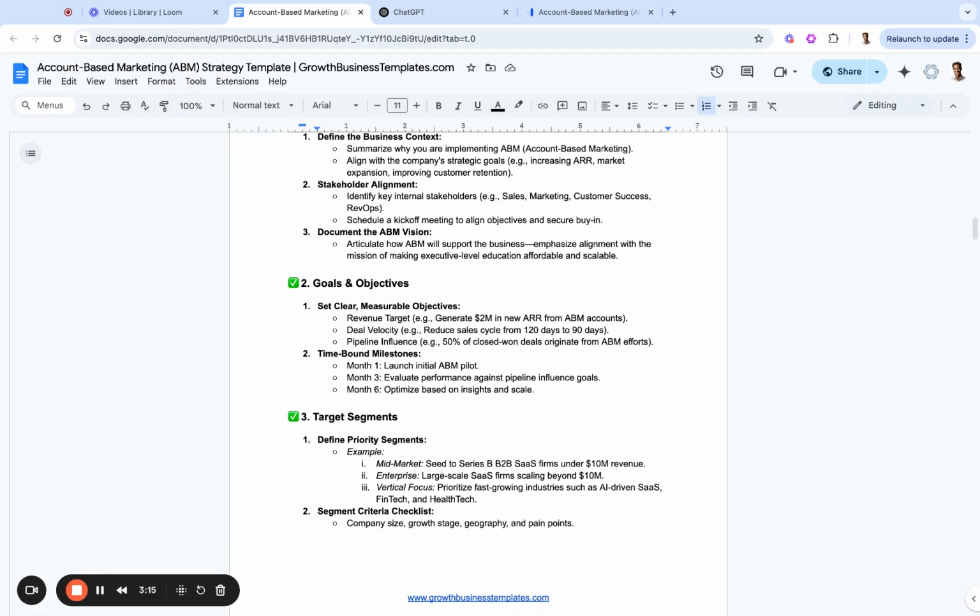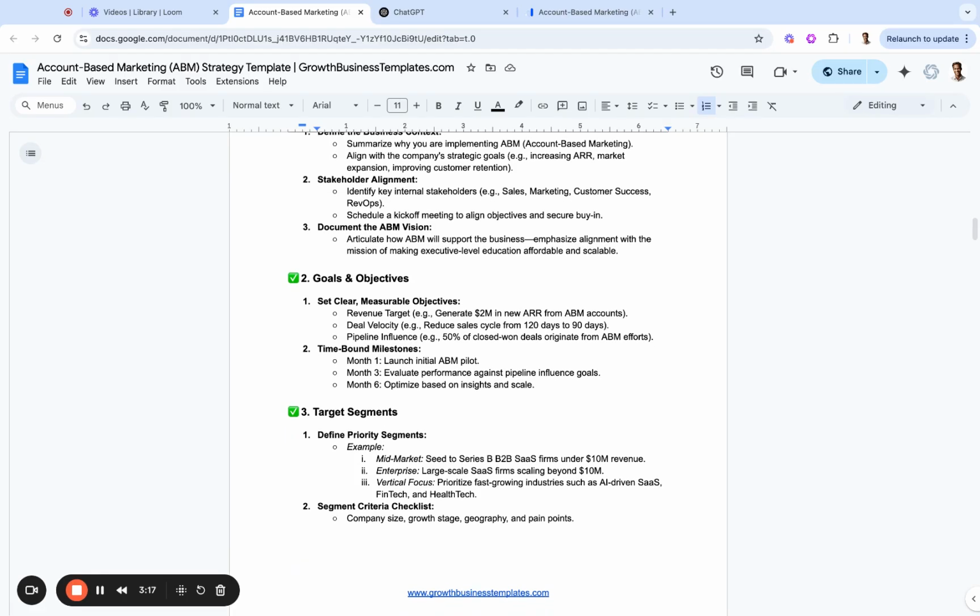We go into the goals and objectives of the campaign. So in this case, it's pretty straightforward. You just want to set clear and measurable objectives, starting with your revenue target. Maybe you want to improve deal velocity, influence pipeline. We all have different reasons for running ABM types of initiatives.